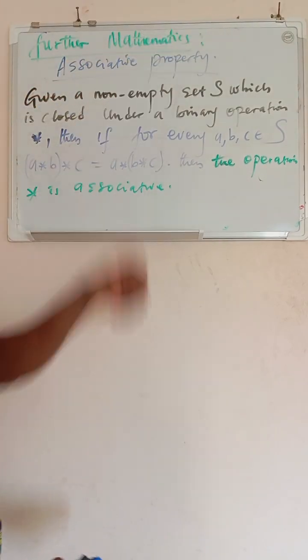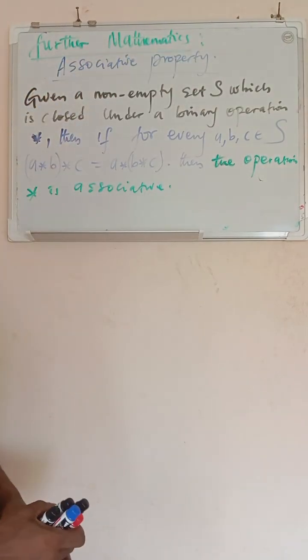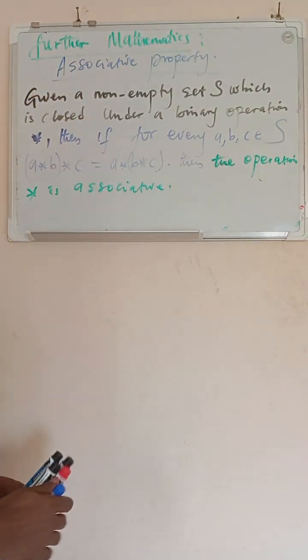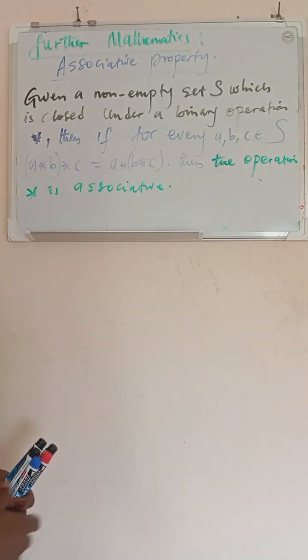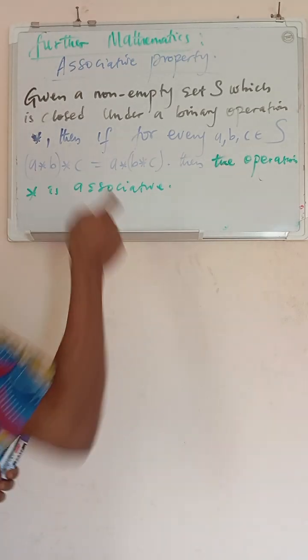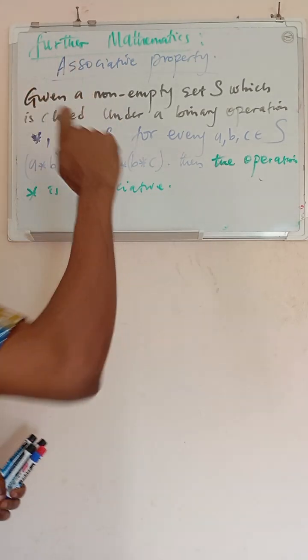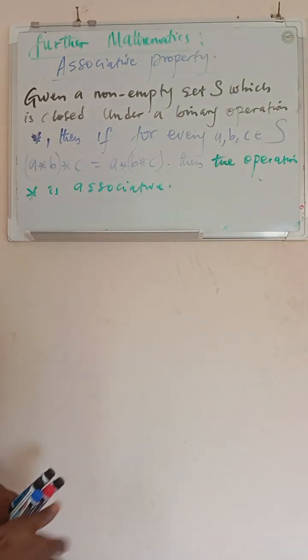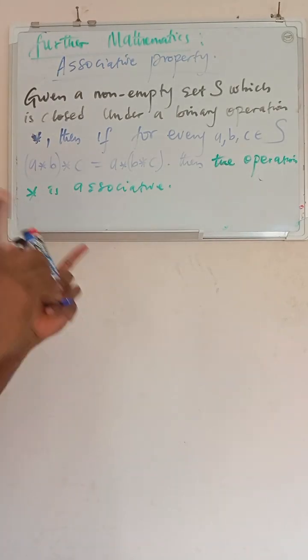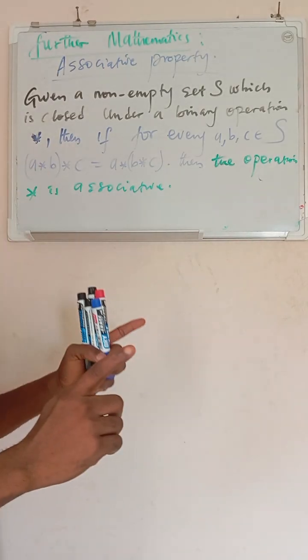We have further mathematics, the associative property. Now, the associative property says that given a non-empty set X, the set must contain elements.